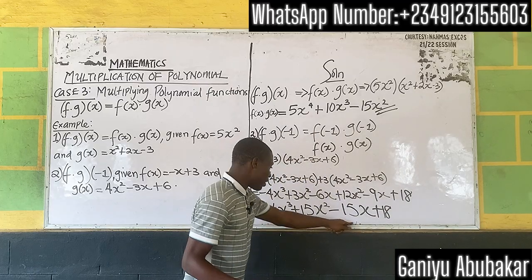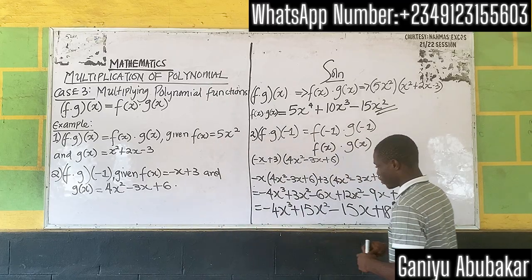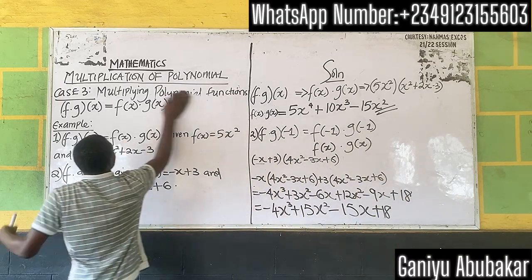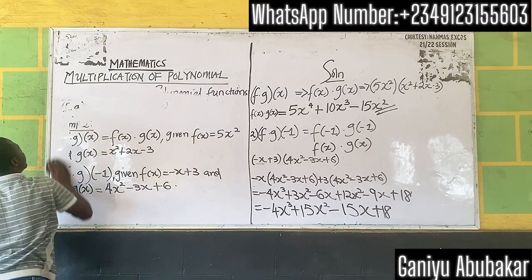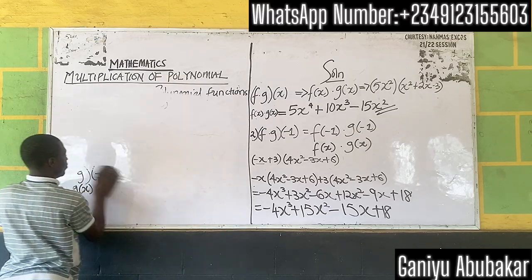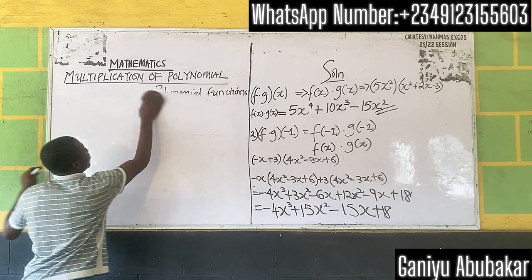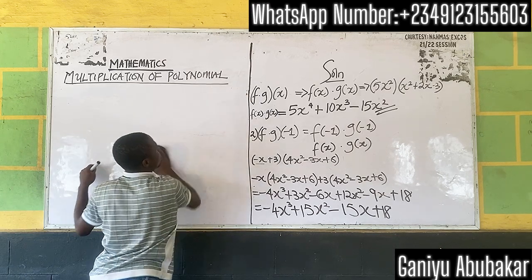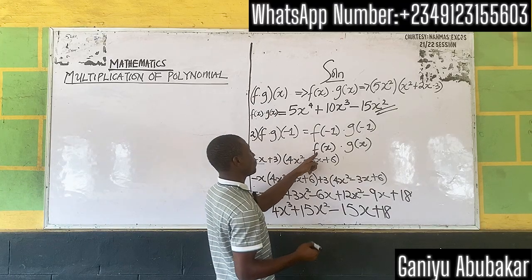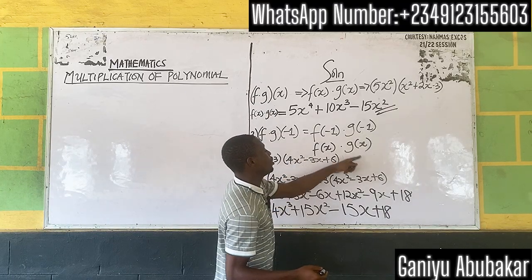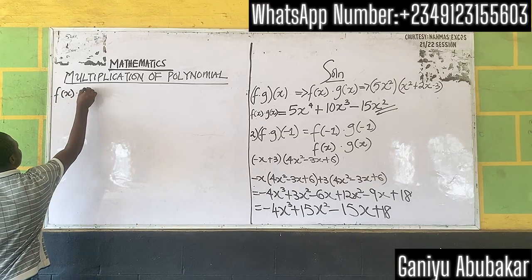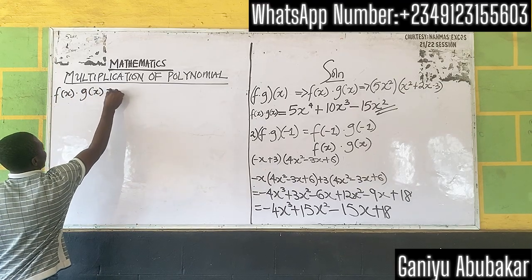So it means that f of x dot g of x answer is equal to what there?